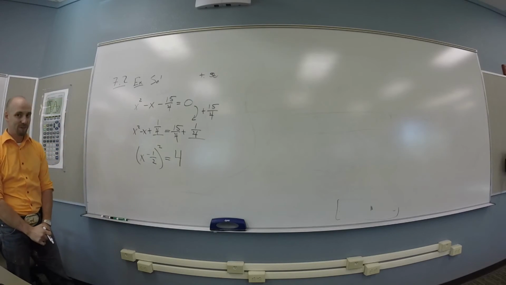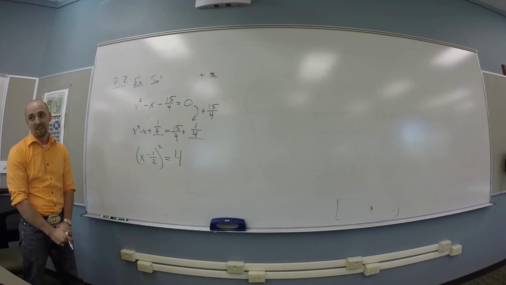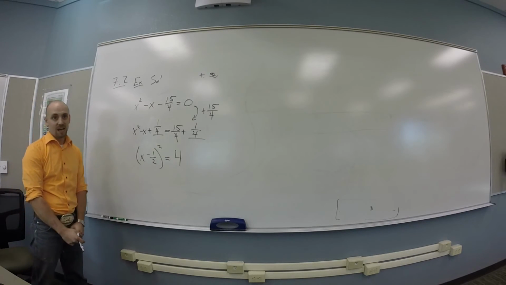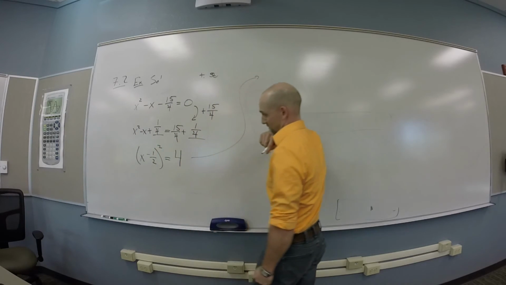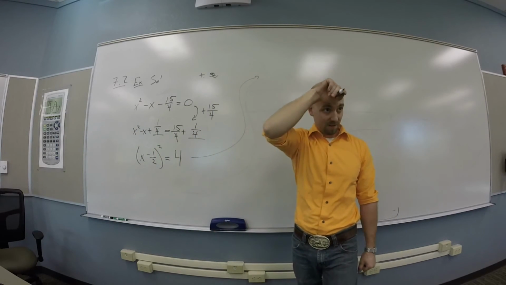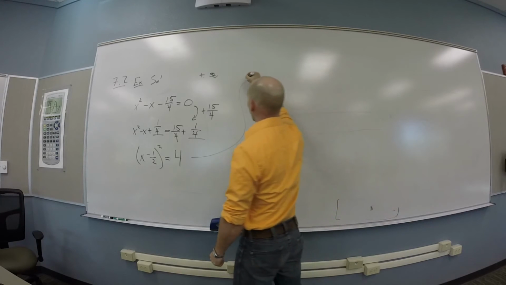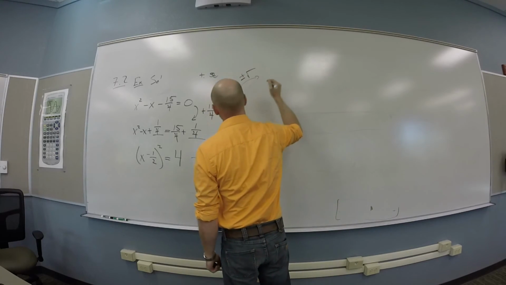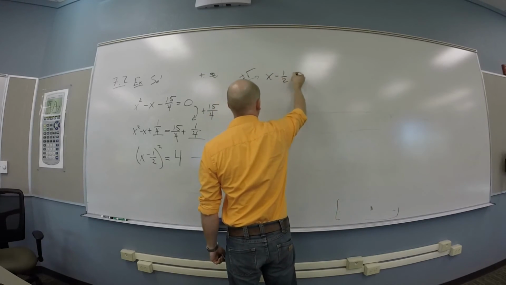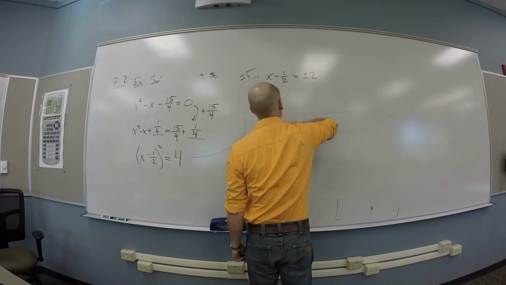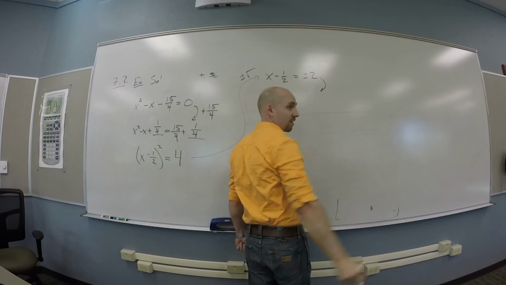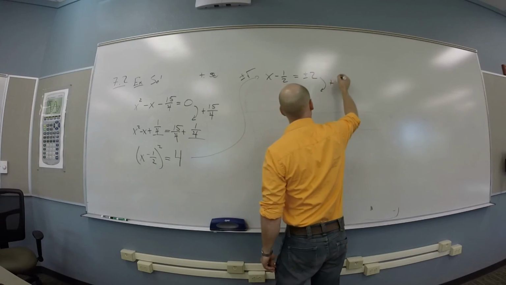Okay, now how do I solve? Yeah, this is the same root extraction, right? So what do I do to both sides? Plus or minus the square root. Okay, so I'll get x minus a half is plus or minus 2. Then what? Add the half to both sides.